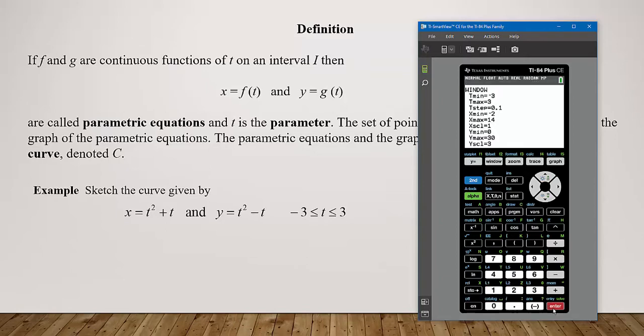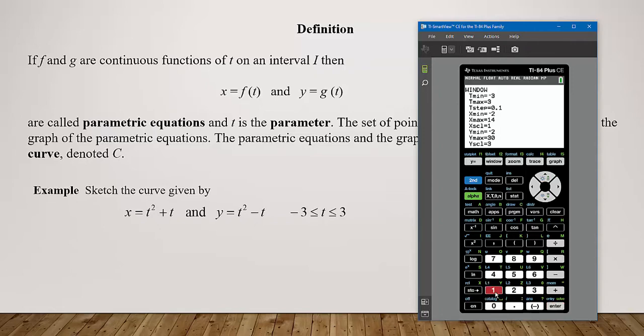Let's see, a y minimum. I think there could be some negative values for y, not too negative, so I'm guessing a -2. And let's see, y maximum. Well, if t has a value of -3, -3 squared minus -3 would be 12.